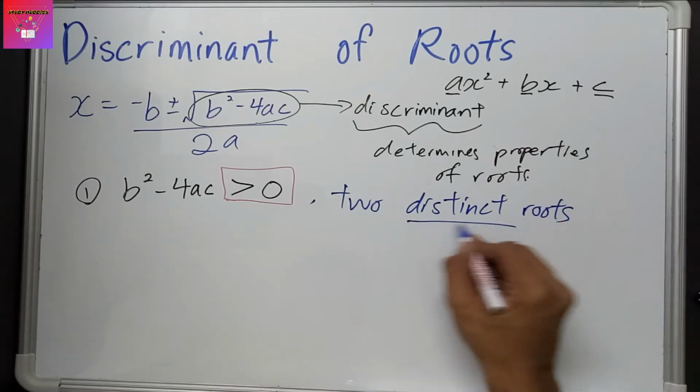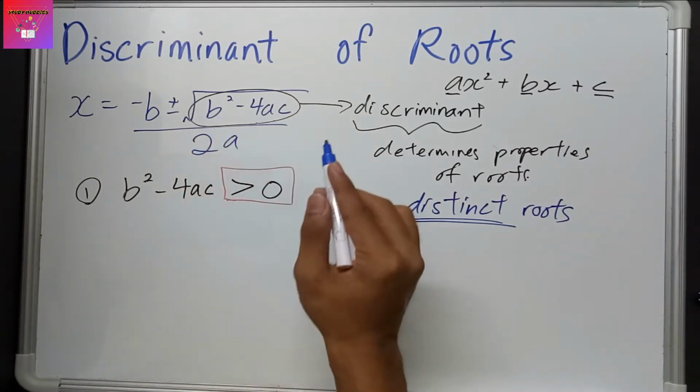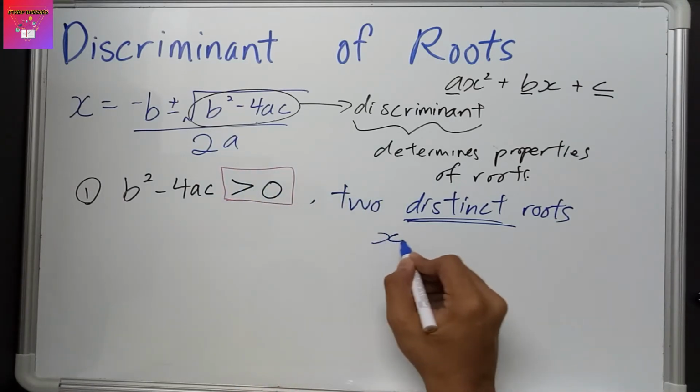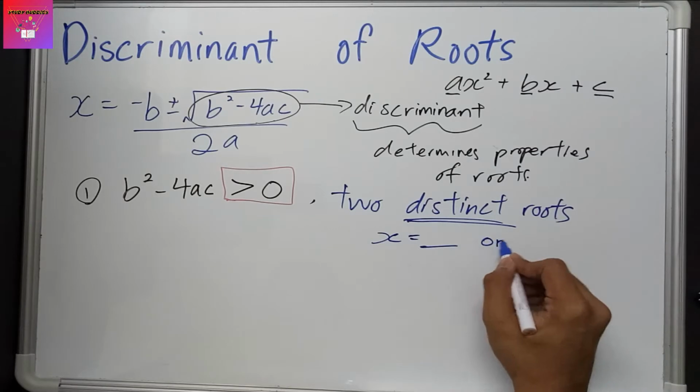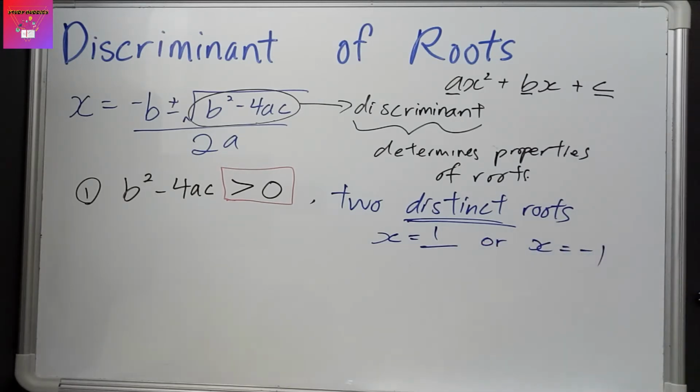So what does this mean by distinct? Distinct means different. What this actually says is that if when you do b square minus 4ac you get an answer greater than 0, x will have two answers, which means x can be 1 or -1, something like that.